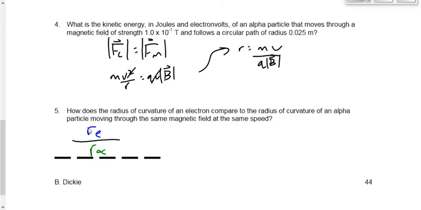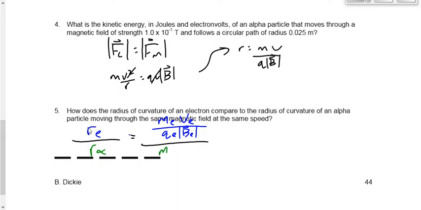So what I'm going to do now is say R_E is, well, that's mass of the electron times speed of the electron over the charge of the electron times the magnetic field strength that the electron experiences. That's all divided by, well, the same thing for the alpha particle.